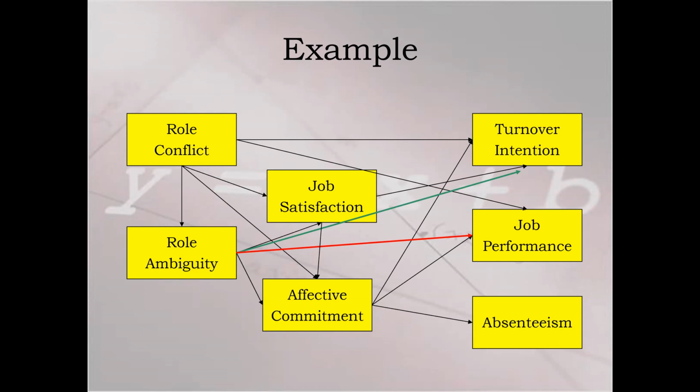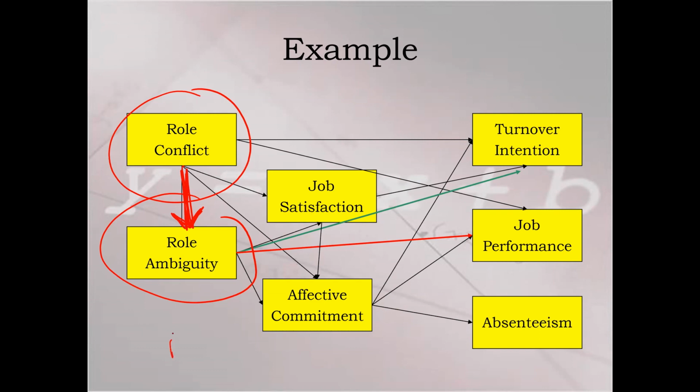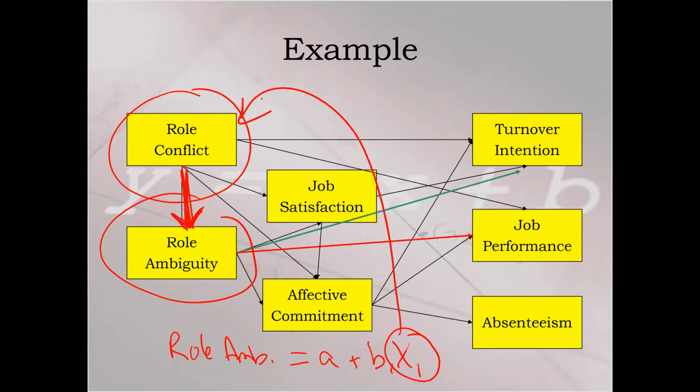In the case, say here to here, there's this one arrow here. And that could be answered by predicting role ambiguity from some intercept plus some weight times role conflict. Okay, that's just one of the regressions.